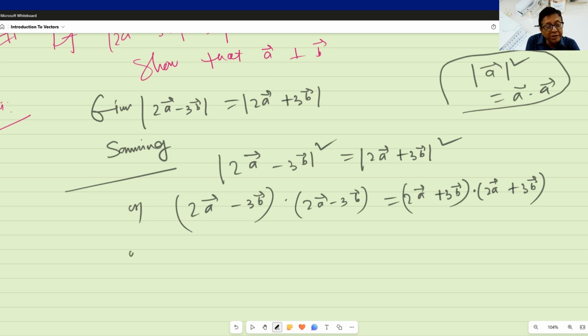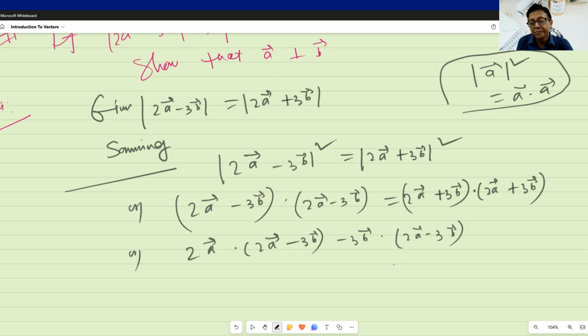If you write the distributive law this way, 2a dot (2a minus cb) minus cb dot (2a minus cb) equals 2a dot (2a plus cb) plus cb dot (2a plus cb).